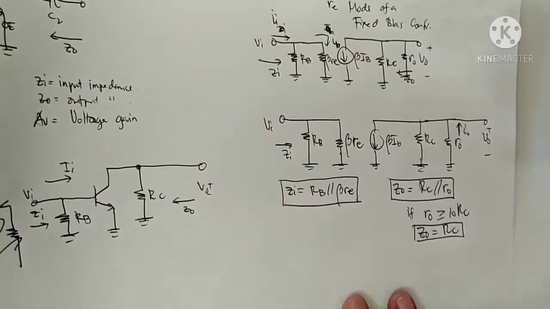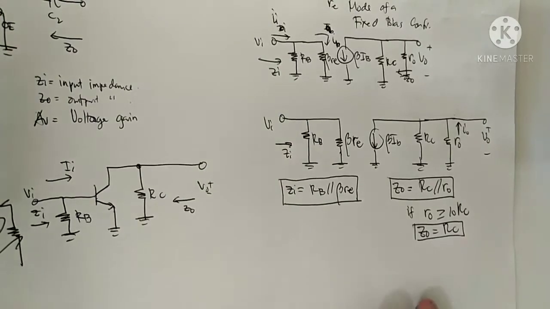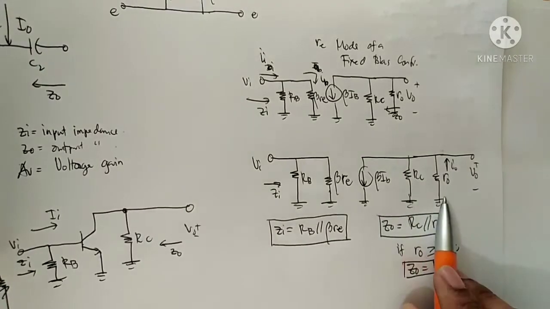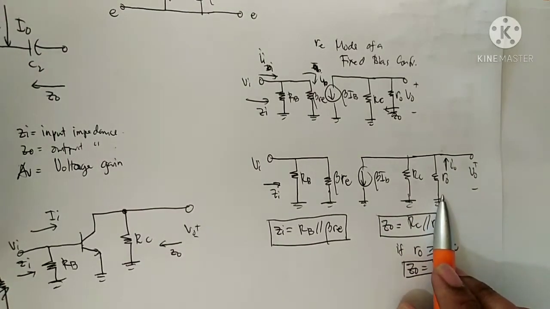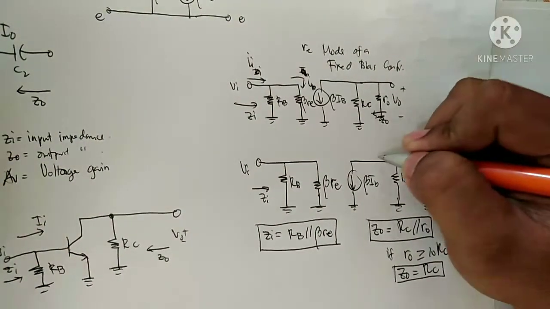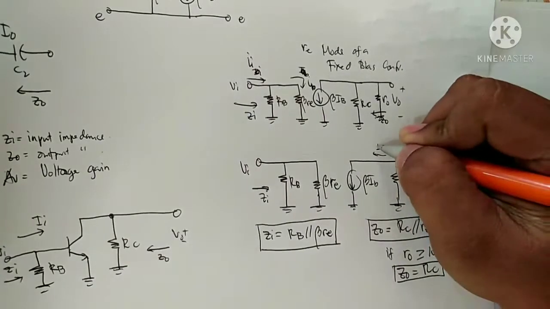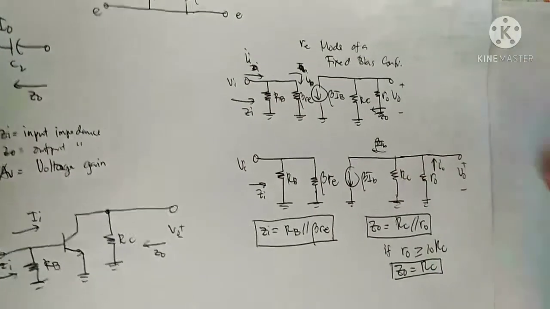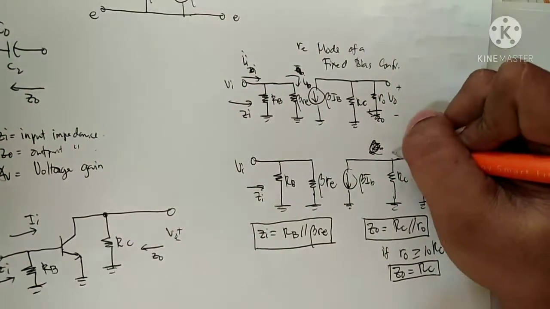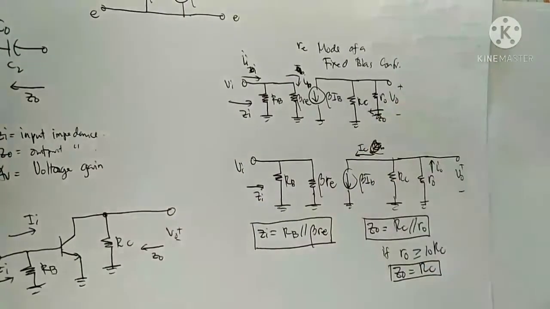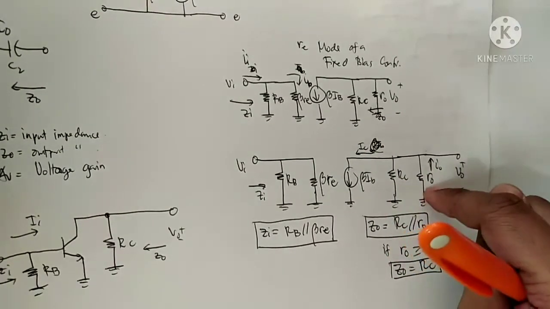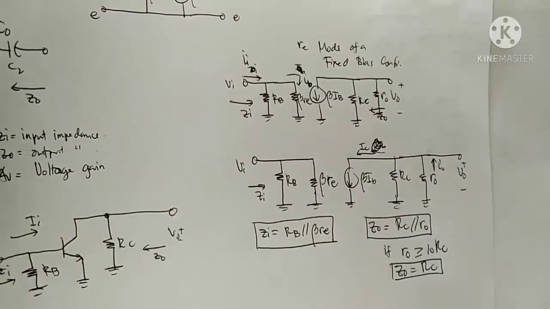How about the voltage gain? If you look at the output side, Vout, the current here is beta Ib, which is just equal to Ic. So the current through RC and ro, when you add them, equals beta Ib.